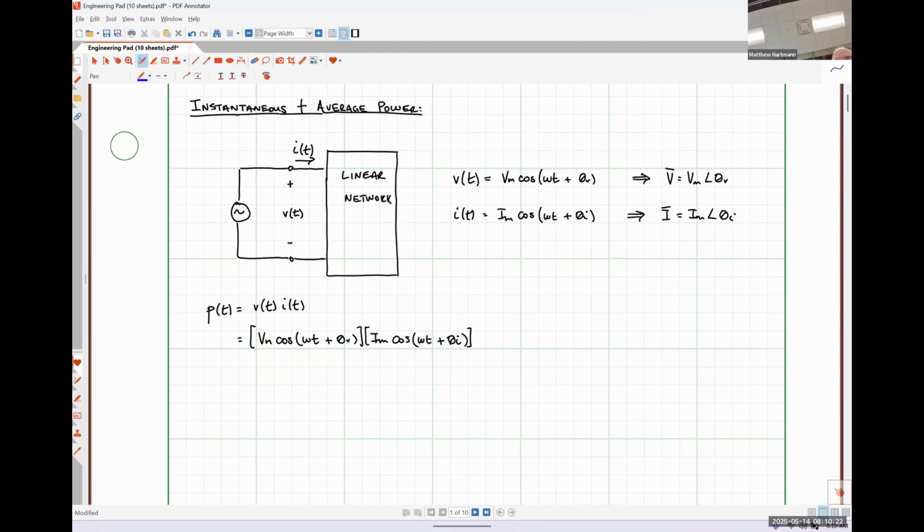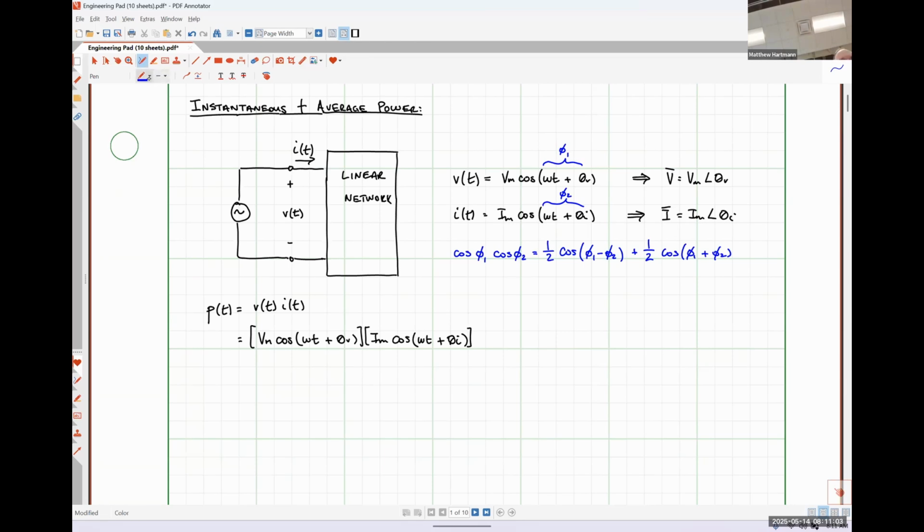And the trig identity that I'm about to use is simply that the cosine of some angle 1 times the cosine of some angle 2 is equal to 1/2 of cosine angle 1 minus angle 2 plus 1/2 cosine angle 1 plus angle 2, where this whole thing right here is going to be my angle 1, and this whole thing right here is going to be my angle 2.